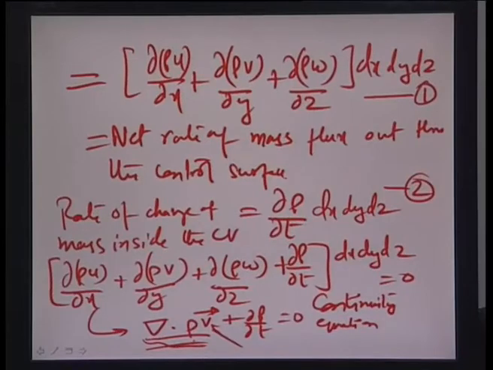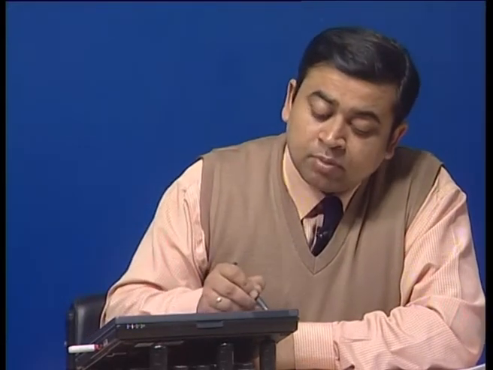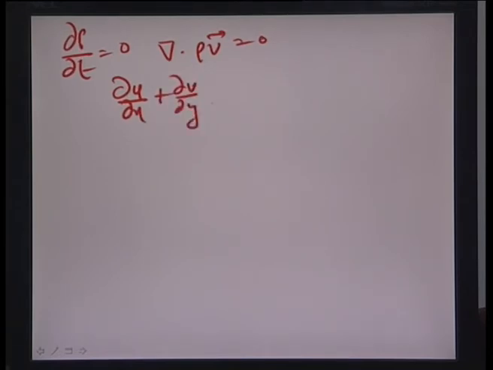So, for incompressible flow cases, when del rho by del t is equal to 0, the continuity equation really reduces to del dot rho v vector equal to 0. That means del u by del x plus del v by del y plus del w by del z, with the rho taken common out of all this.